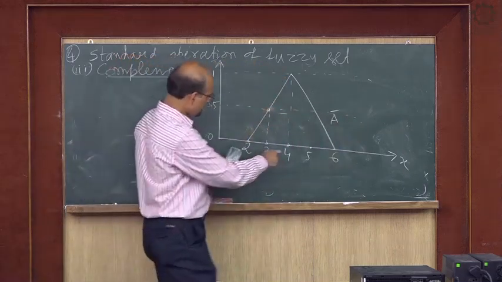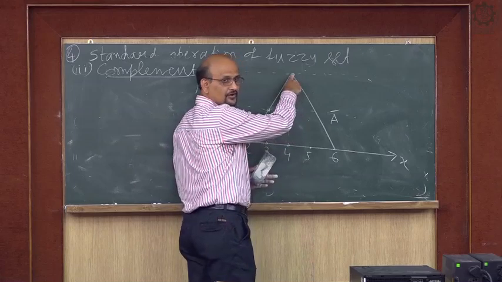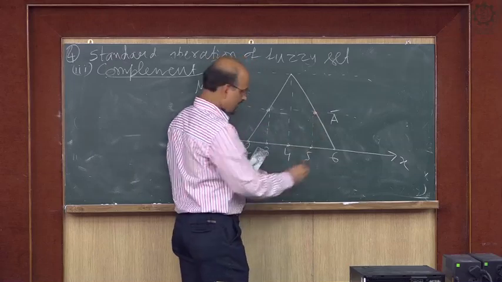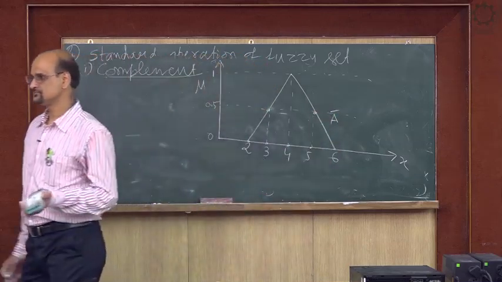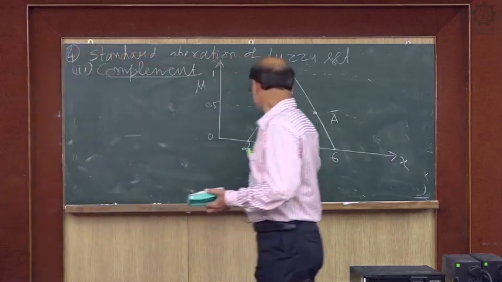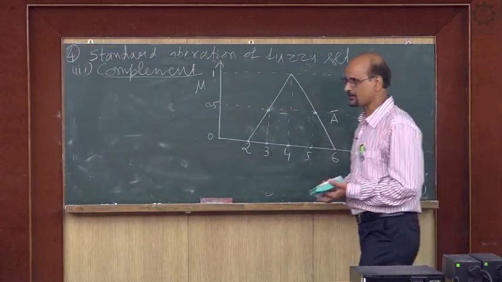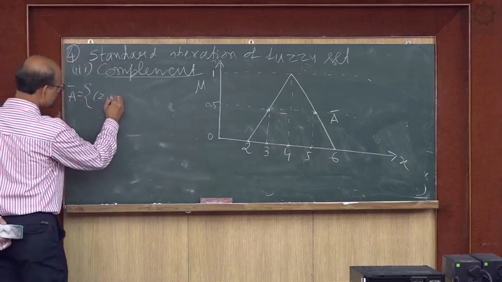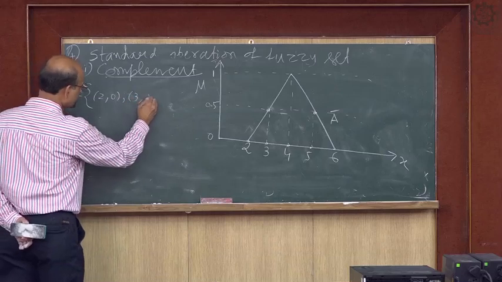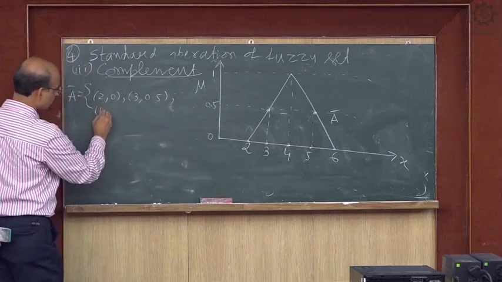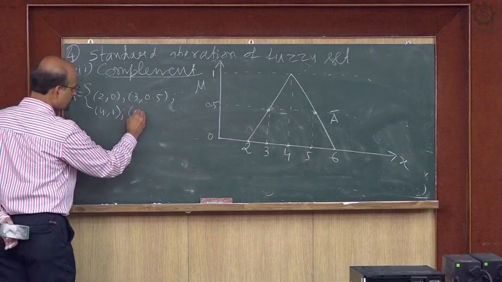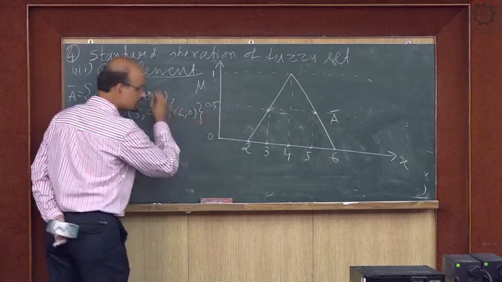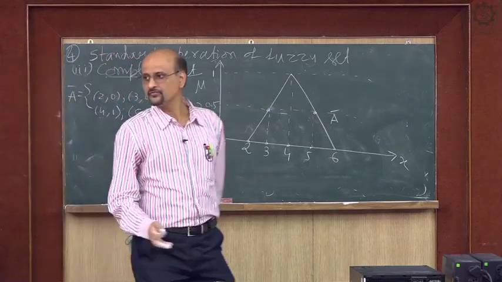For 4 it is 1, for 5 it is 0.5, and for 6 again it is 0. So I can write the fuzzy set A bar as ordered pairs: 2, 0; 3, 0.5; 4, 1; 5, 0.5; and 6, 0. This is your fuzzy set A bar.